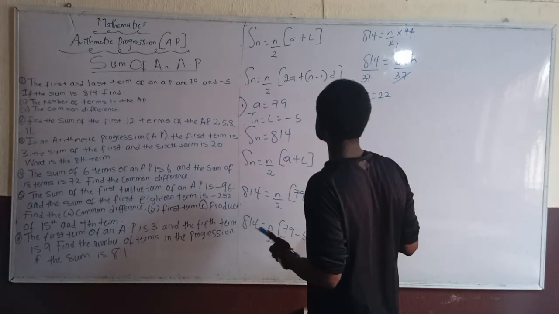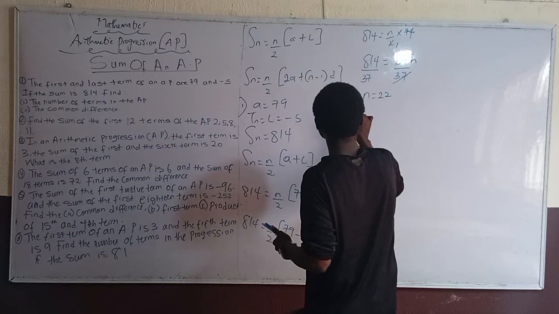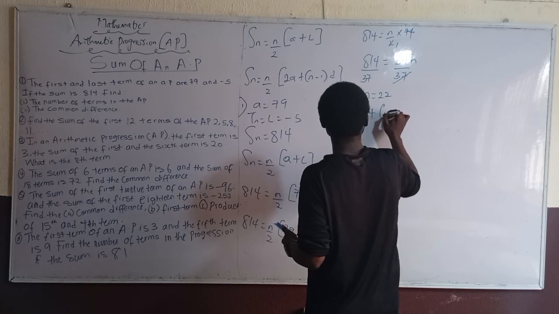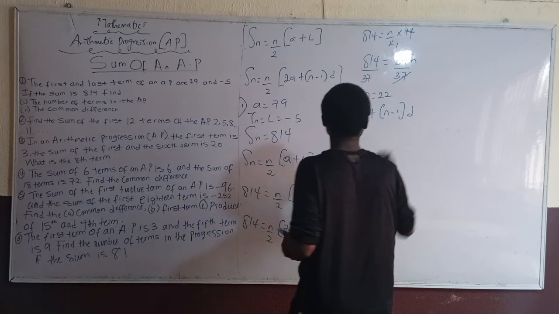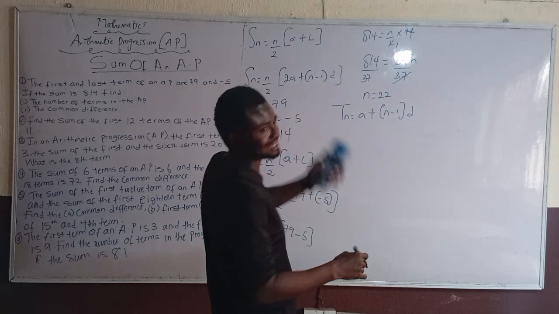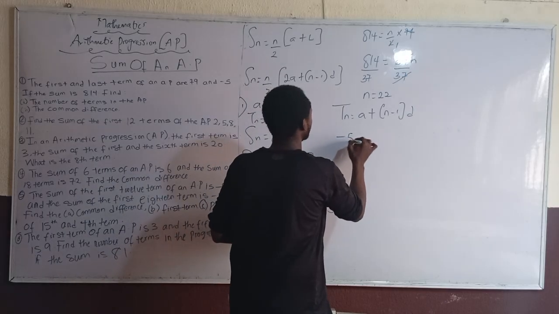Now, common difference. I can now say Tn is equal to A plus n minus 1 D. Now my Tn is the last term, which is minus 5.